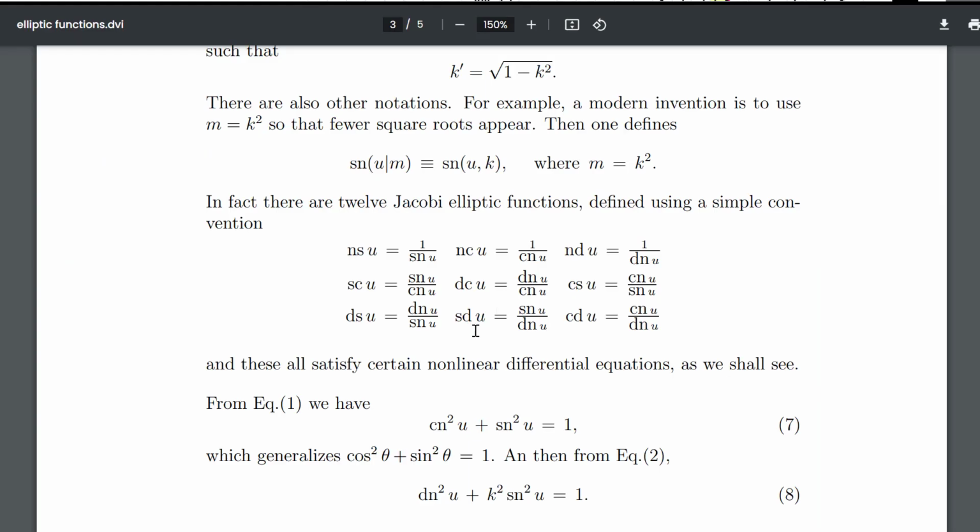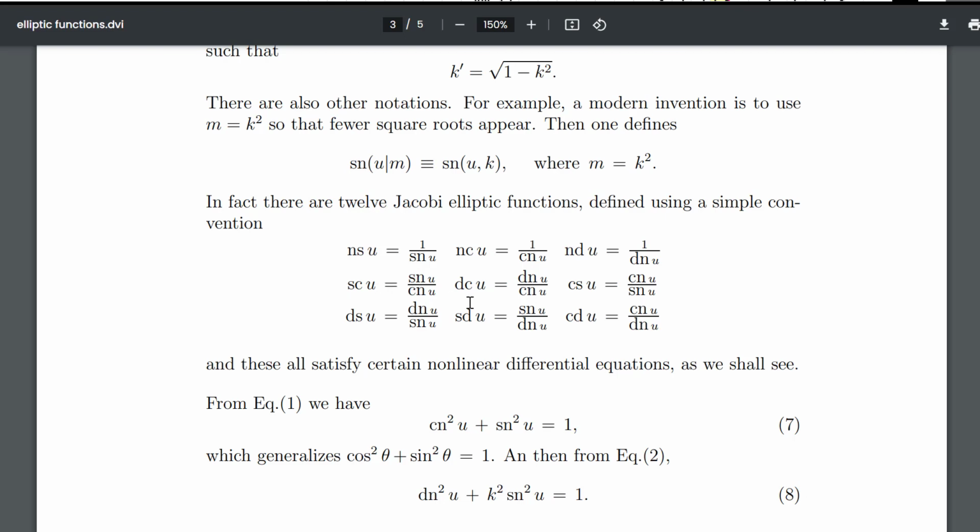Now there are 9 other functions if I take reciprocals. So 1 over sn u, 1 over cn u, 1 over dn u. Those you would switch, so from dn, you just make it nd. So 1 over sn would be ns. And if you divide, like sn u divided by cn u, it's sc.